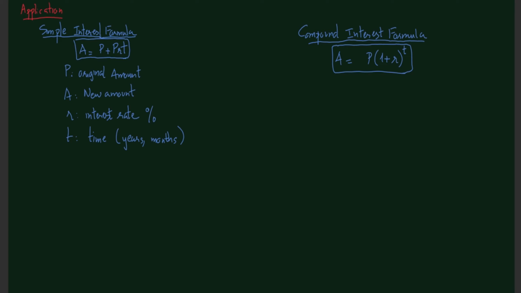And that's why we have a decimal number. And t is still the number of years. Okay, t is the number of years or number of months if they give you months, but if they don't say anything, most of the time it's years. Okay, so everything is the same.